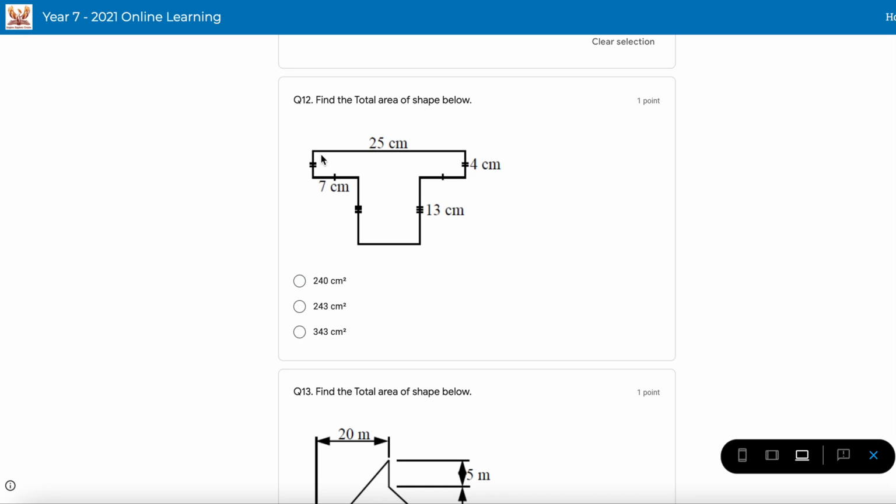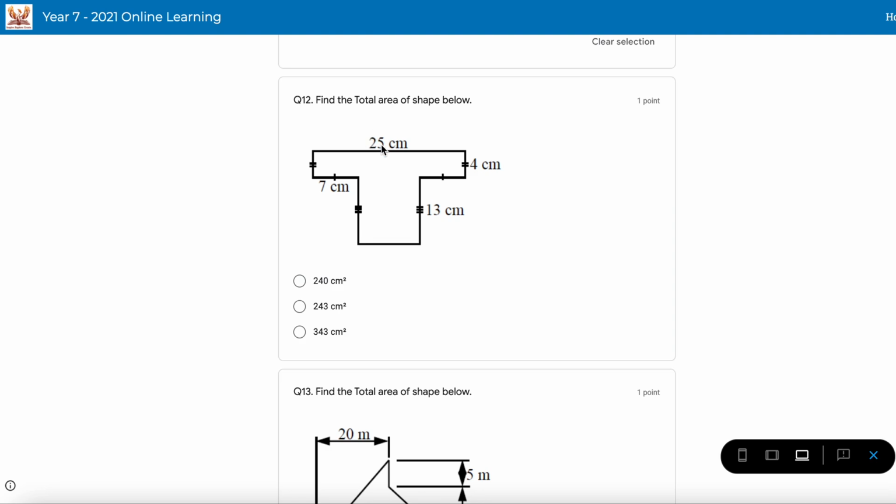So from this point to the end, we know that's 7 centimeters because it's got the same marking here. So this 25 centimeters is made up of 7 centimeters plus the length that we're trying to find, plus another 7 centimeters. So if we want to find that length, we just need to subtract these two 7 centimeters from our 25 centimeter length, and then we'll be left with this unknown bit in the middle, which is what we want, because that unknown bit is what makes up our side length of our rectangle.